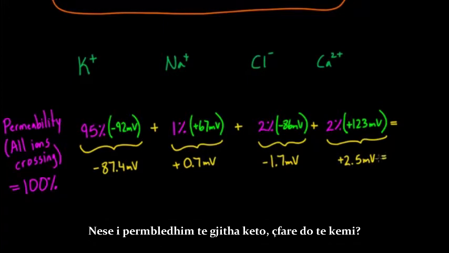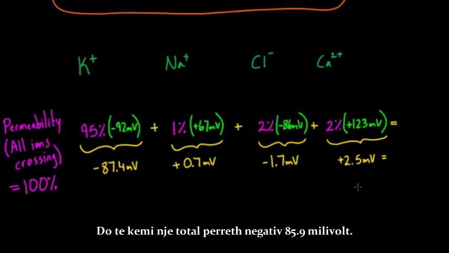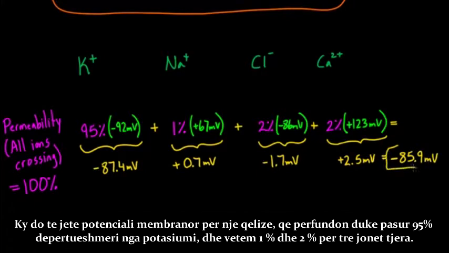So if you add up all this stuff, what do you get? You get a total of negative 85.9 millivolts. So this would be the membrane potential for a cell that ended up having 95% permeability to potassium and only 1% and 2% to the other three ions.